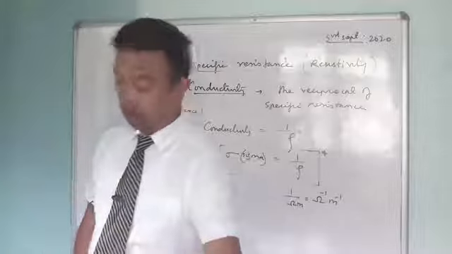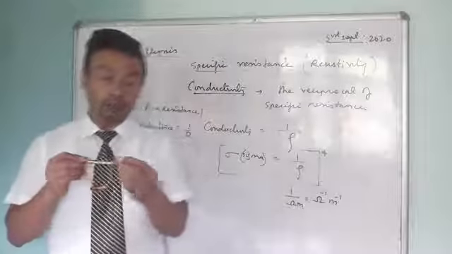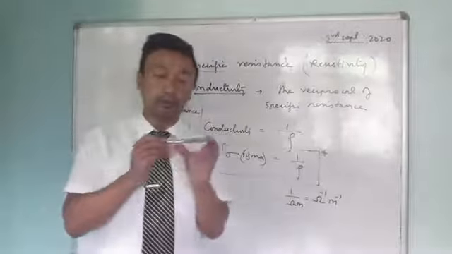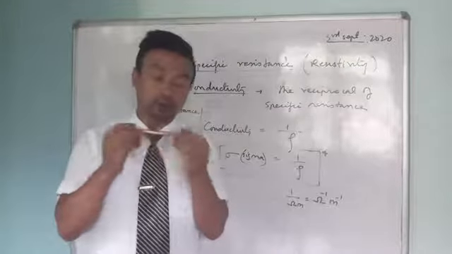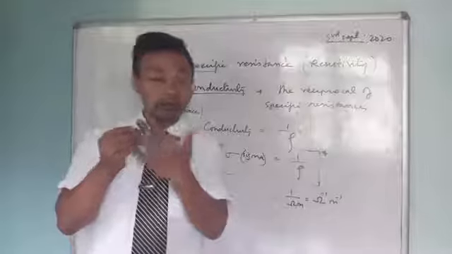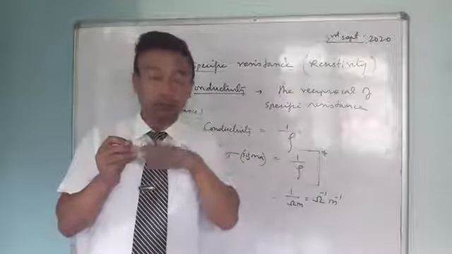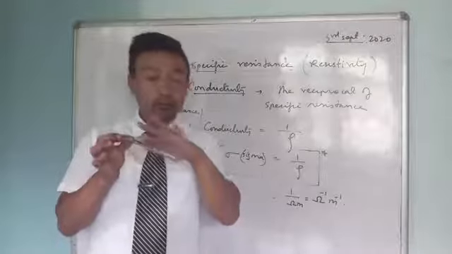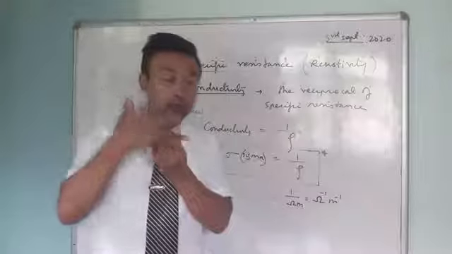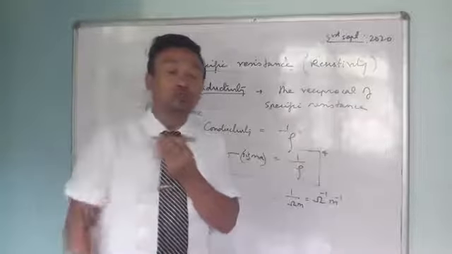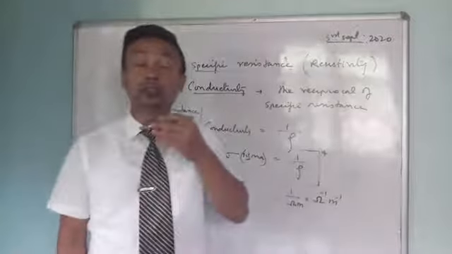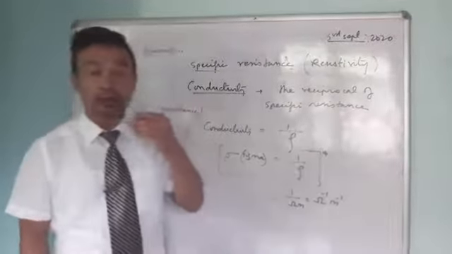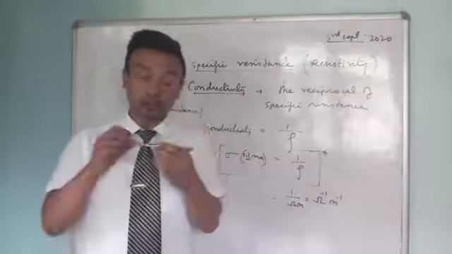So when a very low temperature is maintained, suppose I take this conductor, this substance, and it is maintained at a very low temperature. At a low temperature, it will have almost zero resistance. Resistance will not be there at all, or it will have infinite conductance.